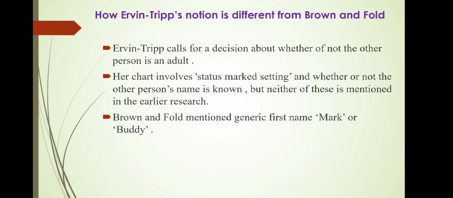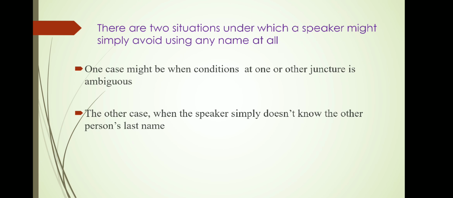Therefore, there are two situations under which a speaker might simply avoid using any name at all. The first one is when conditions at one or other juncture are ambiguous. For example, you may not know if the other person considers your friendship to be close enough for you to use the first name, or perhaps you think you may have a dispensation to use a higher status individual's first name, but you are not sure.